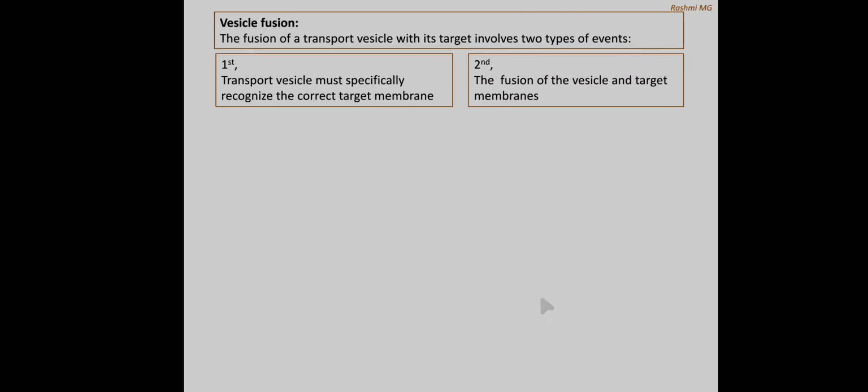Today we are into vesicle fusion. What is vesicle fusion? The fusion of transport vesicles with their target. That involves two types of events. First event is that transport vesicles must specifically recognize their target. Consider there is a transport vesicle.